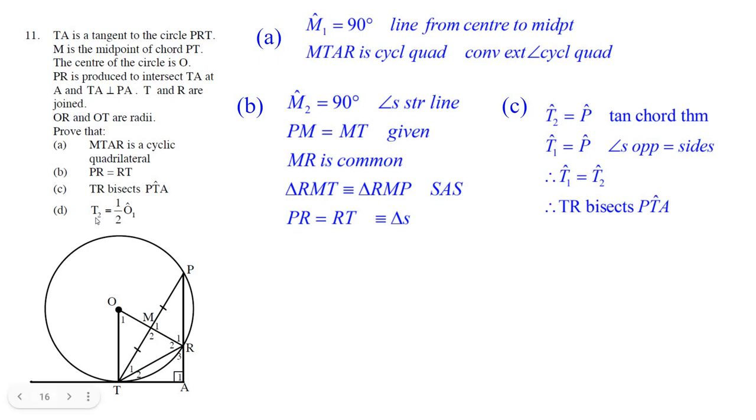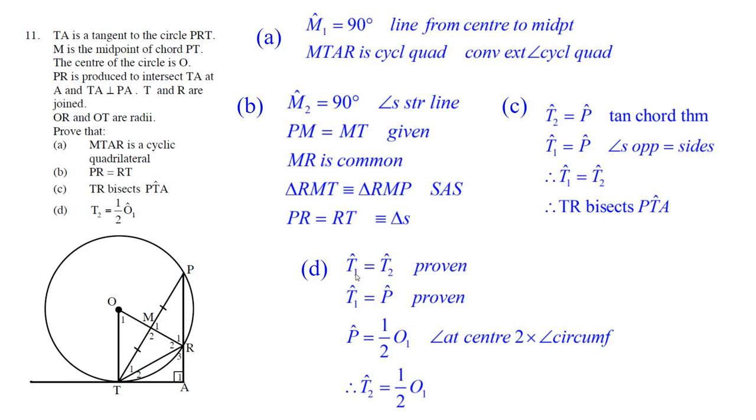Okay, now we're supposed to prove that T2 is half of O1. Let's see how I did it. Well, we know that T1 is equal to T2. We've already proven that. We know that T1 is equal to P. It's been proven. And we know that P is equal to half of O1.